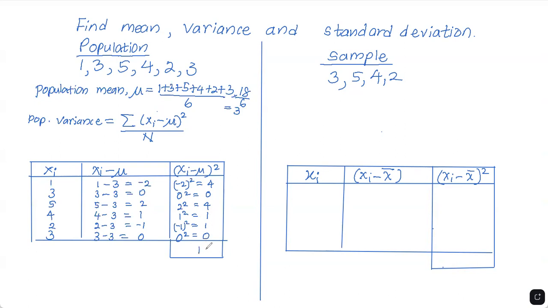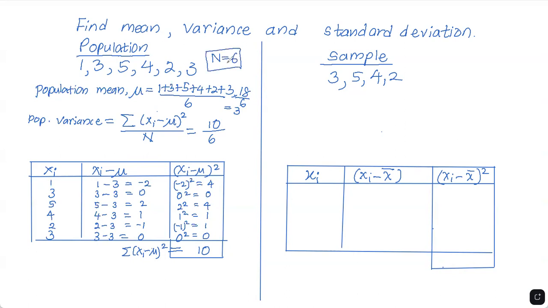So here the summation of xi minus mu squared equals 10. So the numerator equals 10, which we found. Divide by capital N equals 6, because the total number of data equals 6.